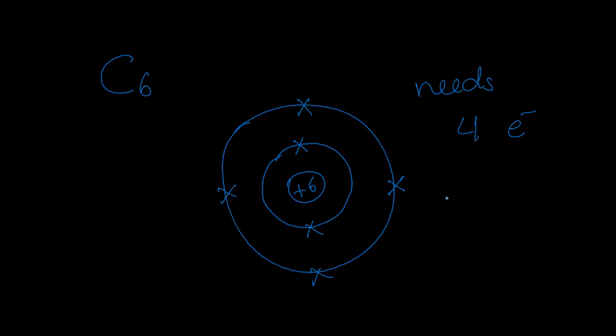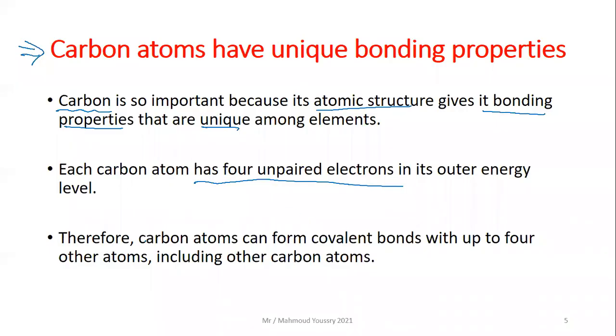So the carbon atom can bind to 4 different atoms, including other carbon atoms. This is very important. Therefore, carbon atoms can form covalent bonds with up to 4 different atoms, including other carbon atoms.